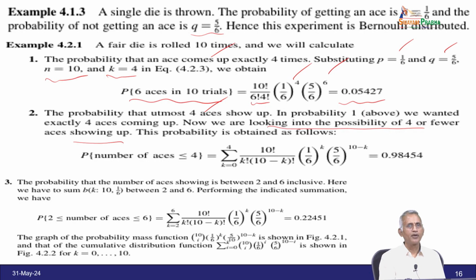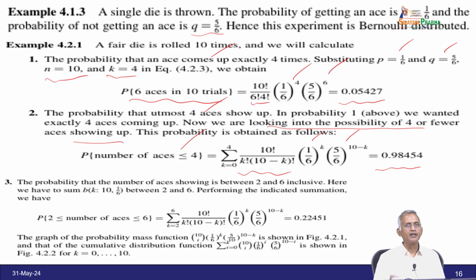So, the probability of number of aces less than or equal to 4 is summation k equal to 0 to 4 of 10 factorial by k factorial into 10 minus k factorial, into 1 by 6 whole power k into 5 by 6 whole power 10 minus k. So, the value is 0.98454.